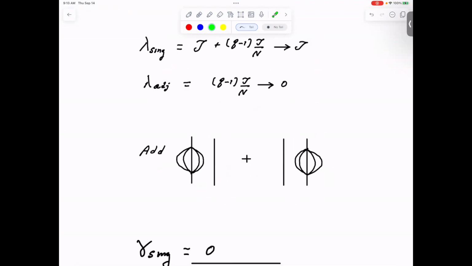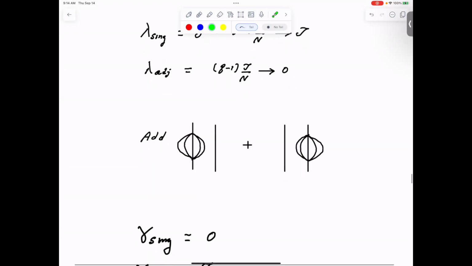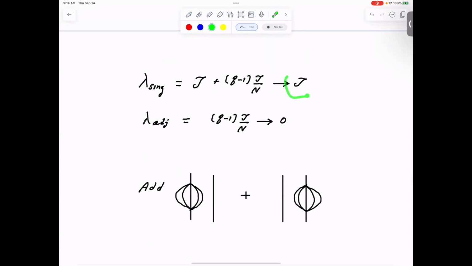Now, there are additional graphs. The additional graphs correspond to, if you like, self-energy insertions on the two fermions. We can correct the self-energy on this one, but it's not really an energy, it's an imaginary energy, the decay rate. The self-energies of these two are also order J, in the same way as this J here.